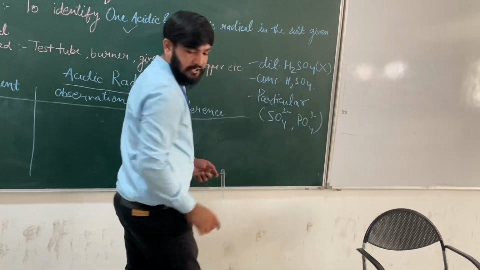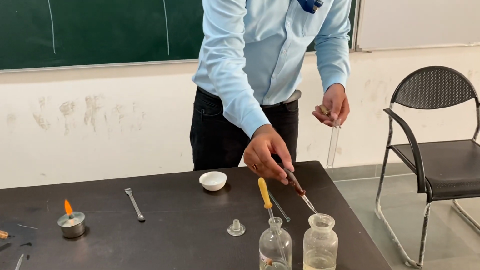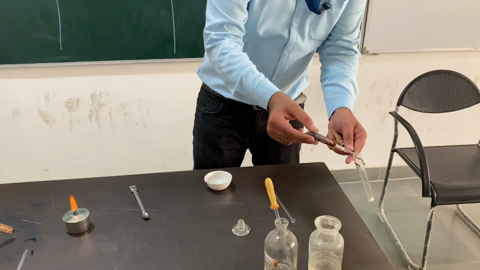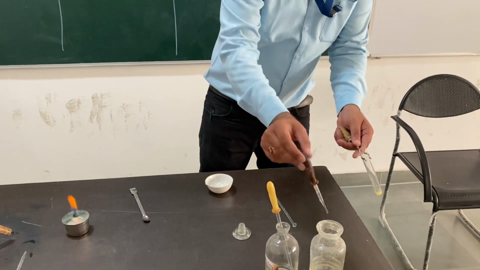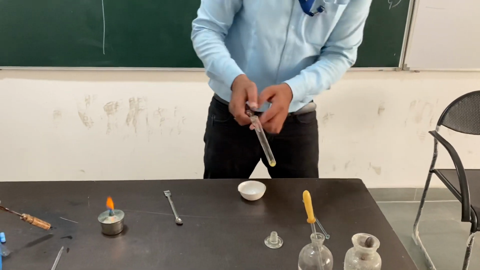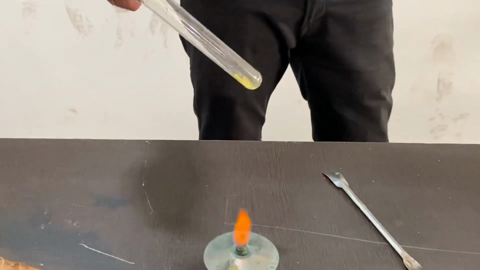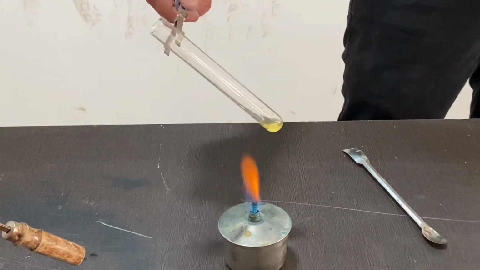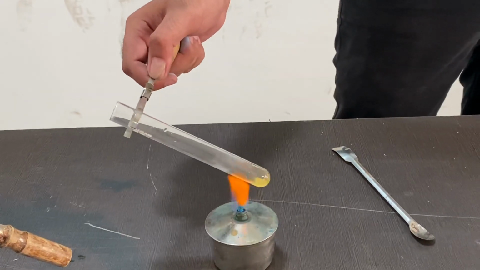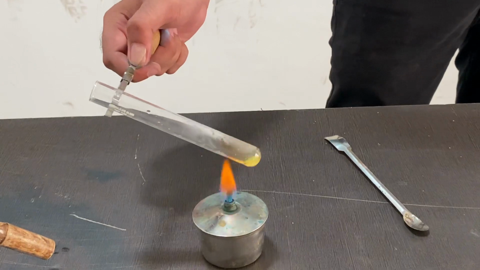So now concentrated H2SO4. With the help of a dropper, put some concentrated H2SO4 into the test tube and then heat it very gently. Remember, the warm concentrated H2SO4 is very harmful to you. Okay.